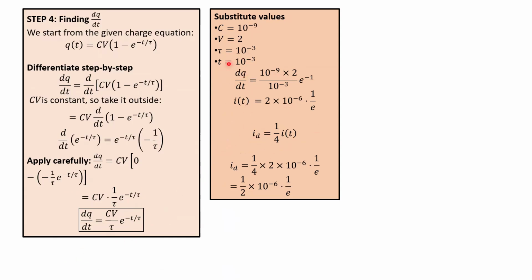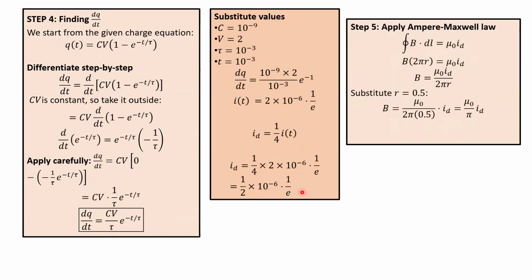So we are getting dq by dt, which is nothing but displacement current, as 1 by 4 of it. From this only you simplify. So id equal to 1 by 4. I is 2 into 10 to the power minus 6 into 1 by e. Now, you see a simplification. It becomes 1 by 2 into 10 to the power minus 6 into 1 by e.